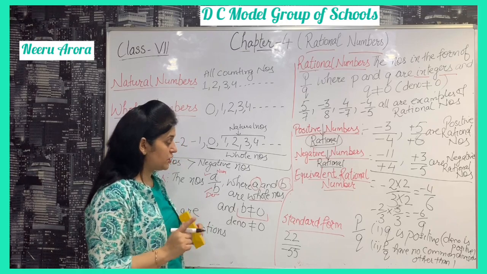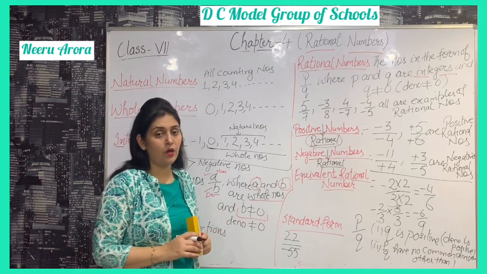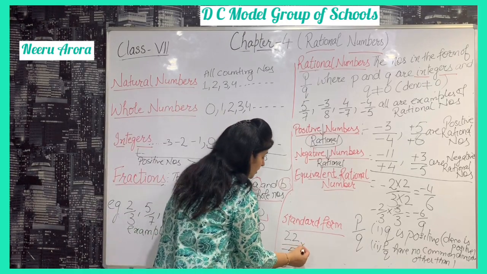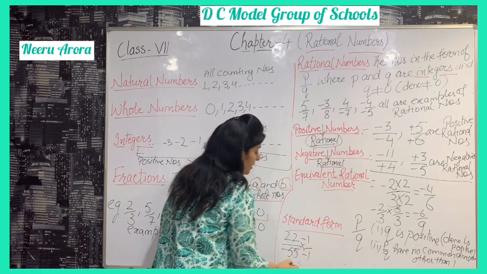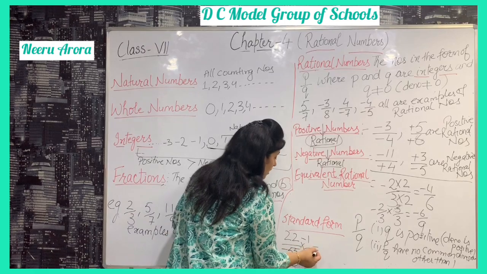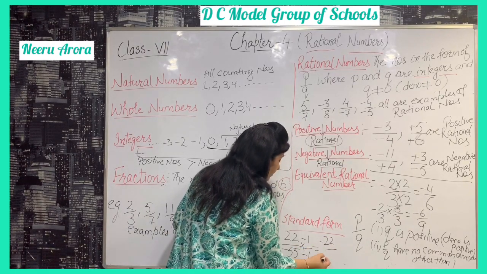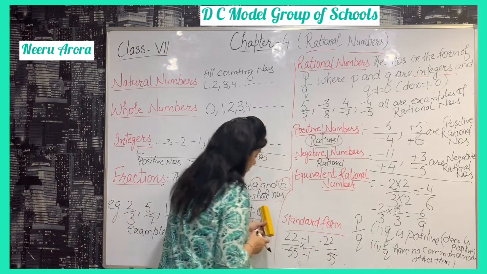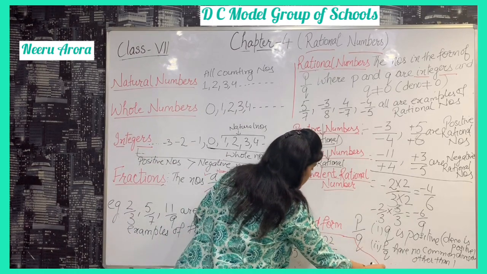Now what is the first condition? The denominator should be positive. We make the denominator positive by multiplying numerator and denominator by minus 1, so the numerator will be negative and the denominator positive. This is our most important condition.